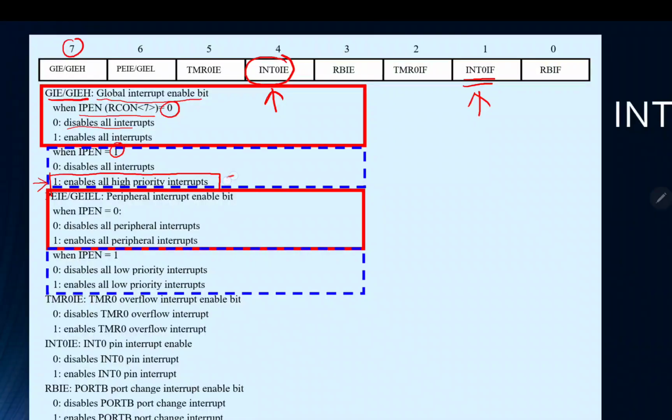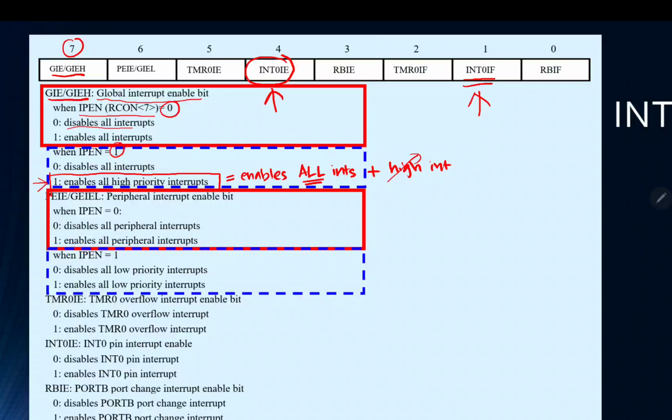What this means is that you always need to enable this GIE or GIEH, because it enables all interrupts, high interrupts. Regardless of whether it's not high, it still enables all.